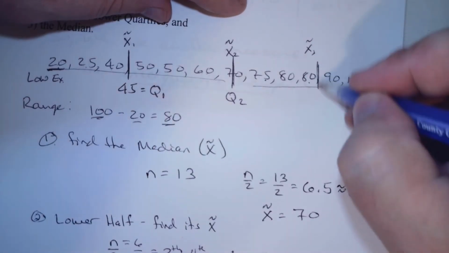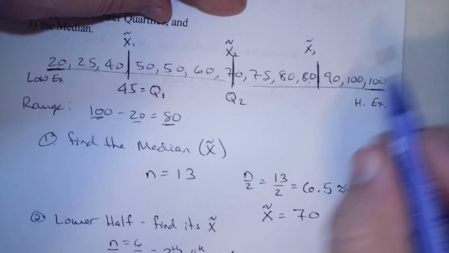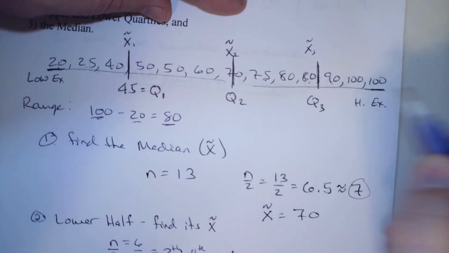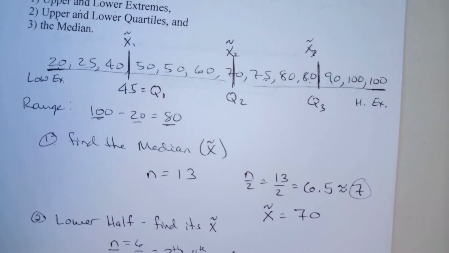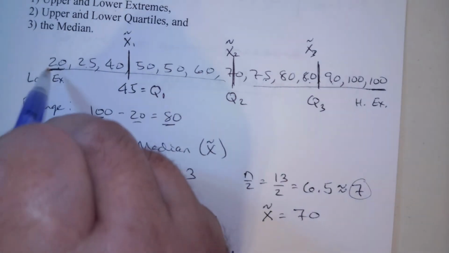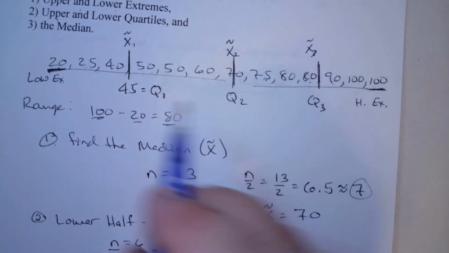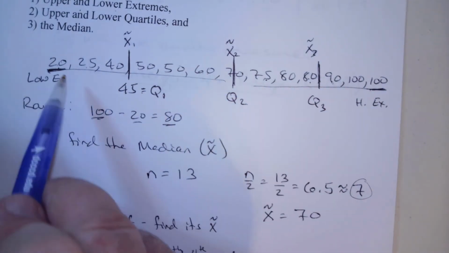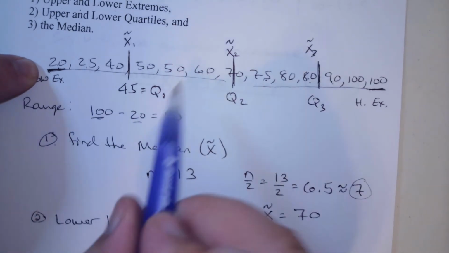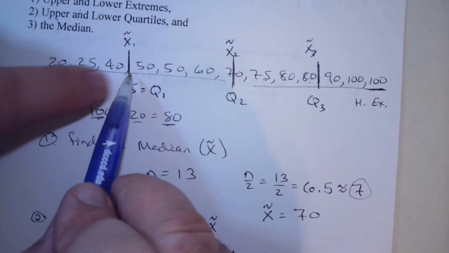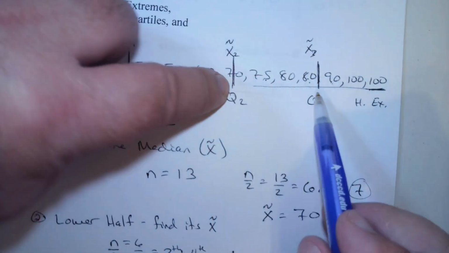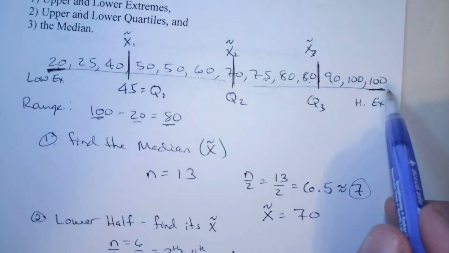So here's the third, here's the fourth. So this is our third quartile. Now we know the extreme points. We know the first quartile because this is the fourth quartile means fourth. So there's the first fourth, the second fourth, third fourth, and this is the last fourth.